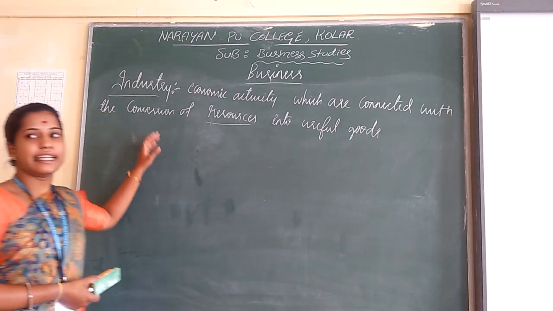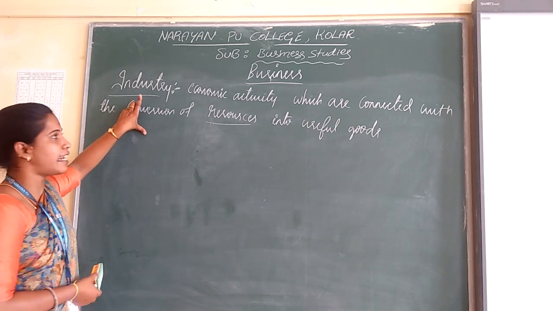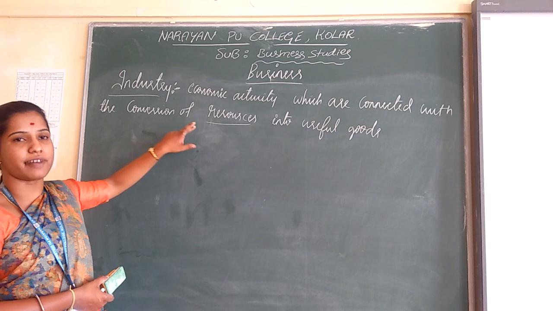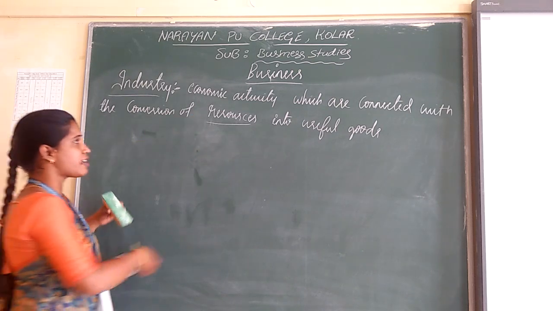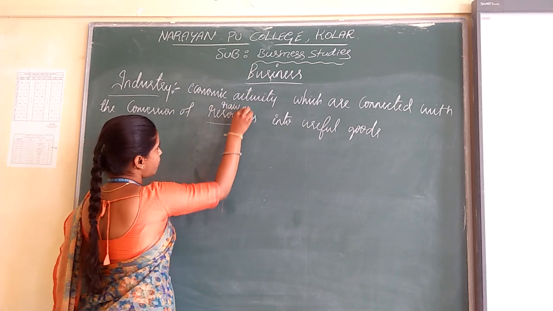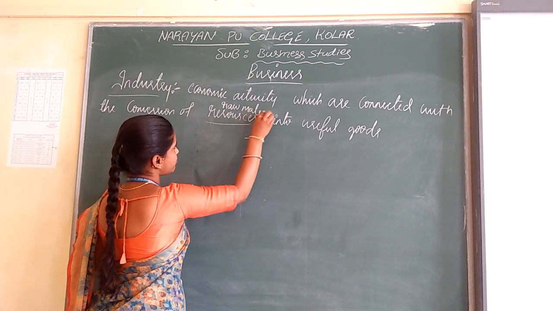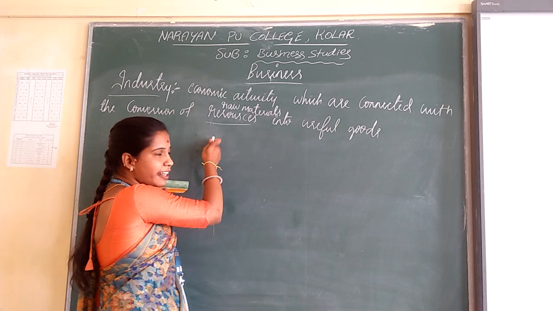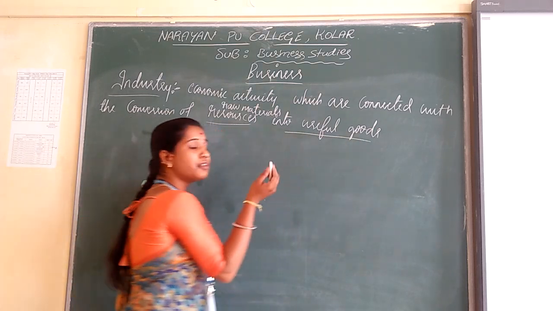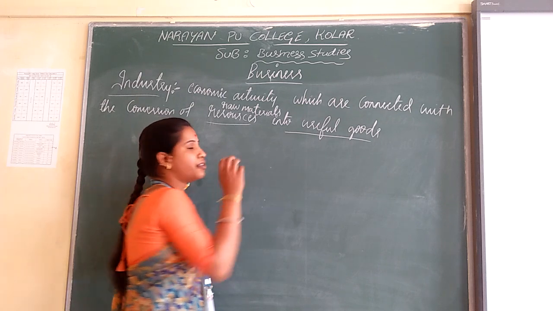Here the resources means raw materials, and the raw materials can be converted into useful goods. The useful goods means finished goods.